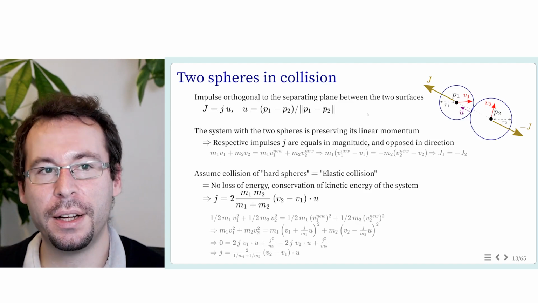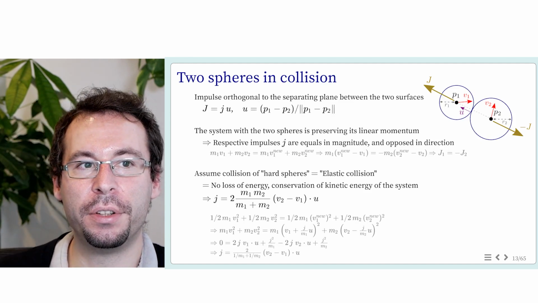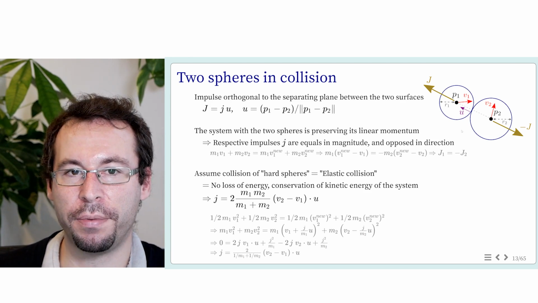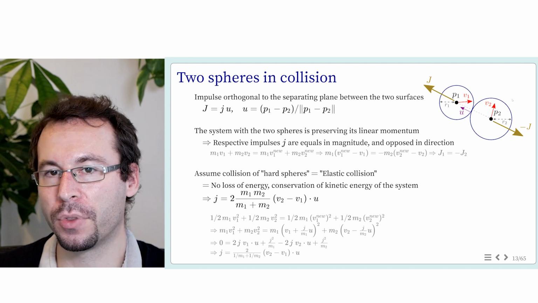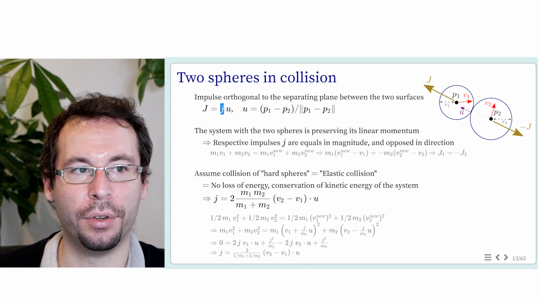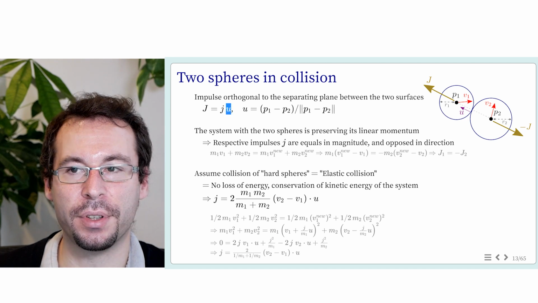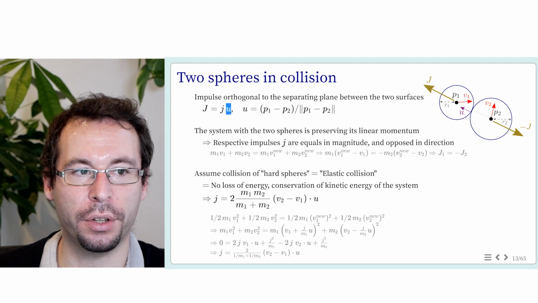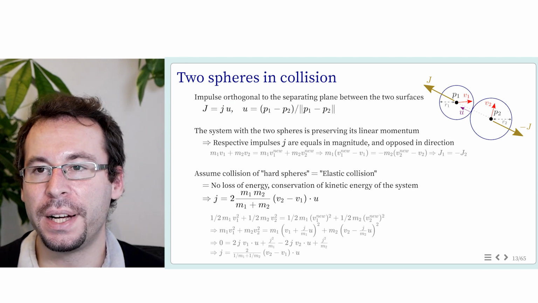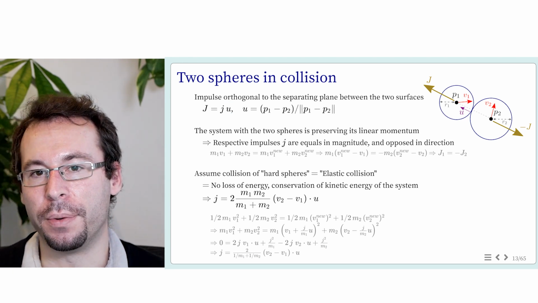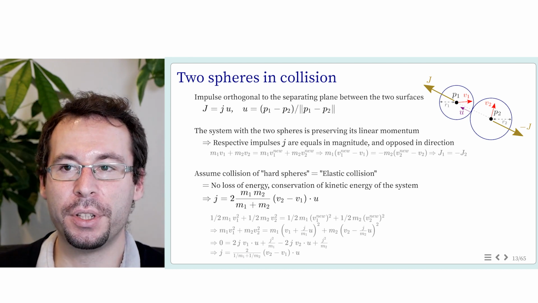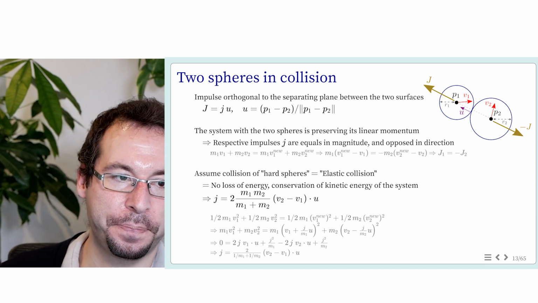So how can I model now my problem? I know that the impulse should be orthogonal to the separating plane between the two surfaces, if I don't have other constraints. So I can express the impulse as a scalar times the unit vector u. Then we've got preservation of linear momentum. If we don't have loss of energy, the linear momentum of the system should be preserved.